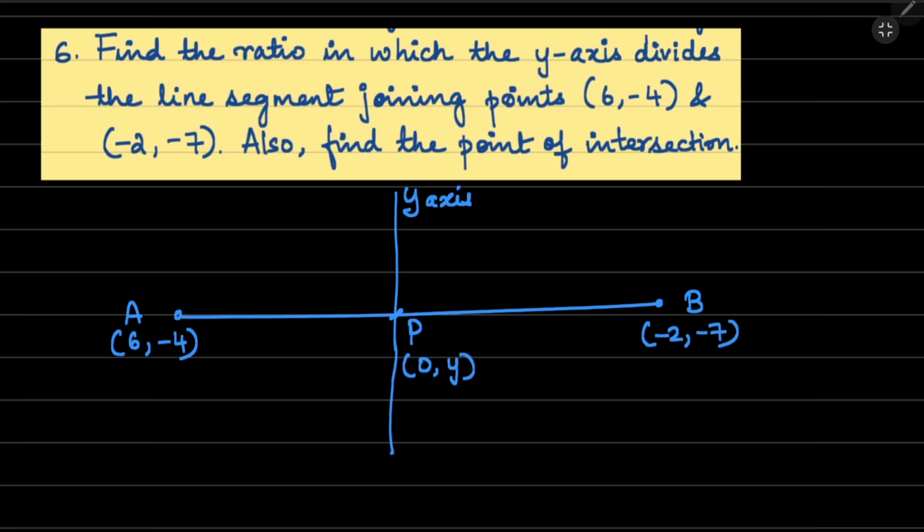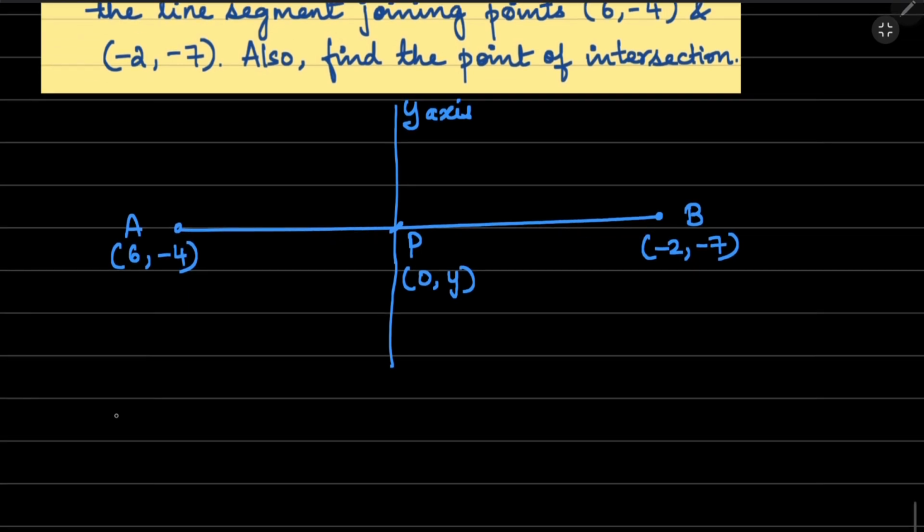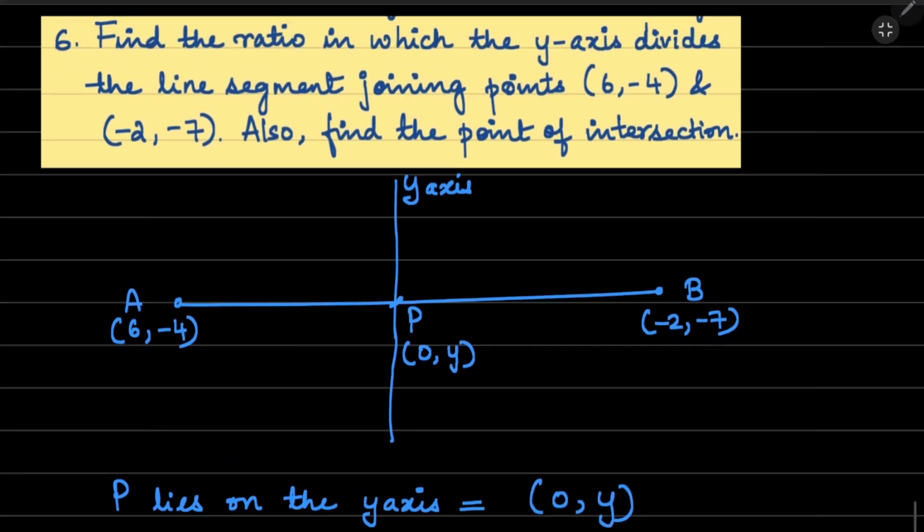We don't know what that y is. Since P lies on the y-axis, the coordinates would be 0 comma y. We have to find in which ratio it would divide. So let the ratio be k is to 1.